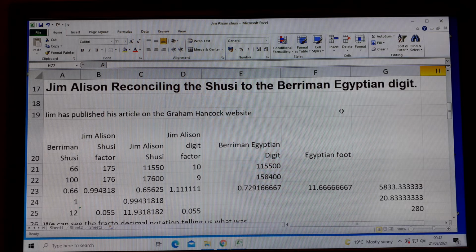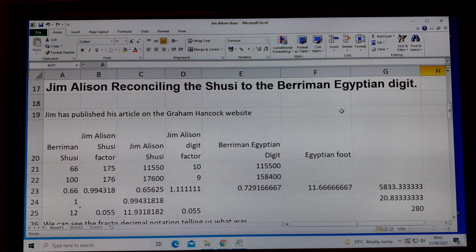And we're going to talk about a relationship that's been discovered by a metrologist who publishes his work on the Graham Hancock website, and he's called Jim Alison. This was brought to my attention by Melissa, so I'd just like to say thank you to Melissa for flagging this.